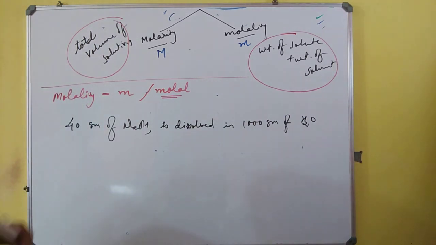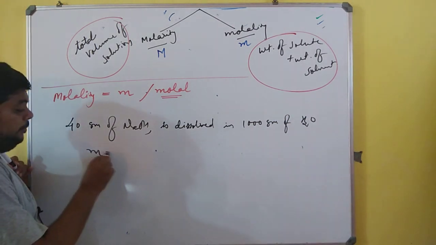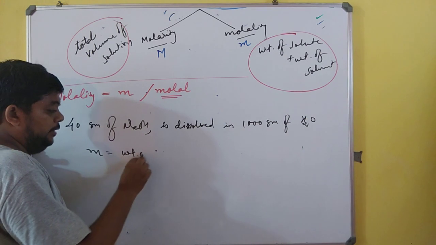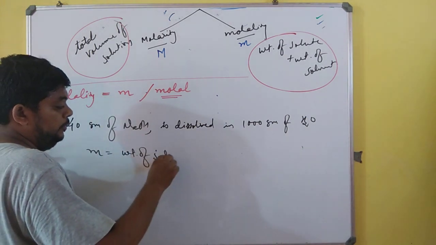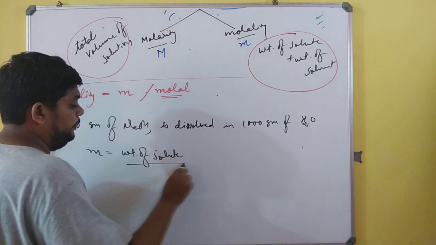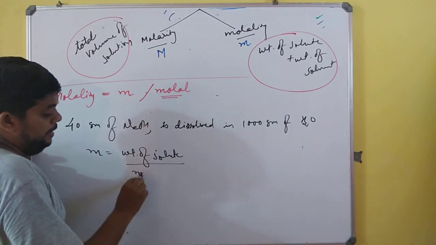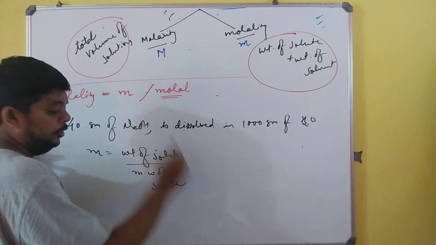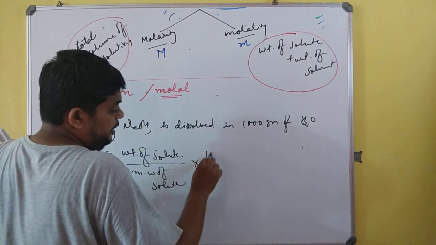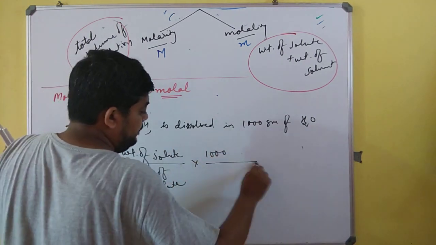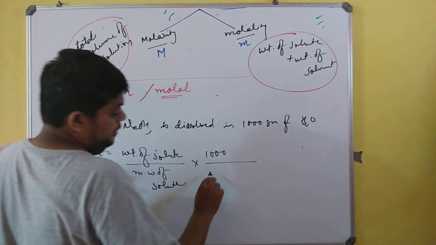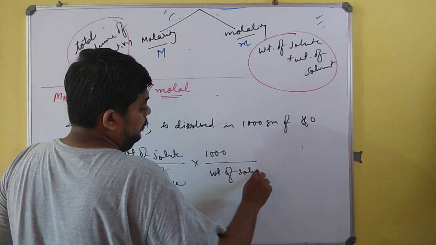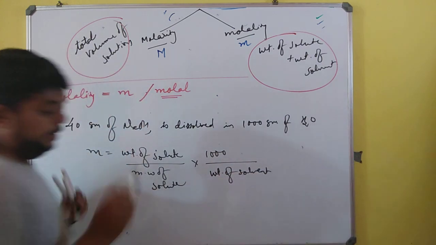Then you have a very simple formula that molality is equal to weight of solute divided by molecular weight of solute, multiplied by 1000 divided by weight of solvent.